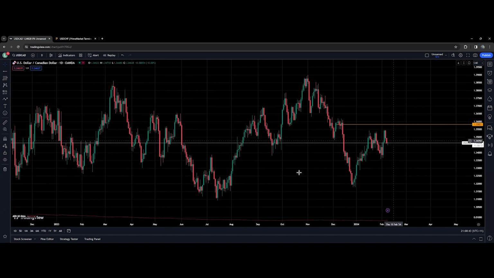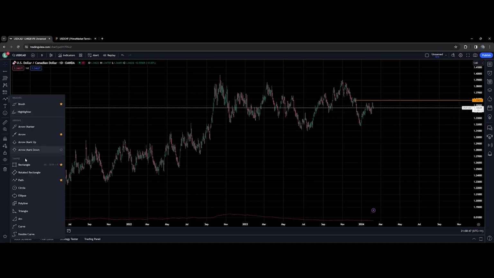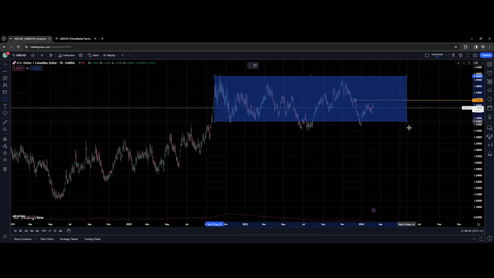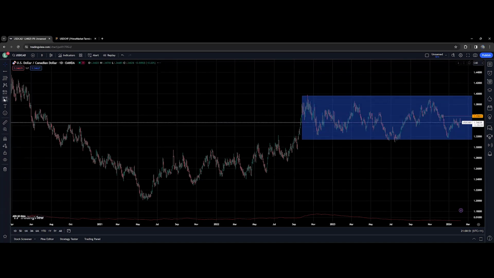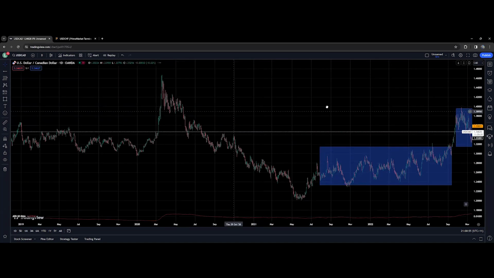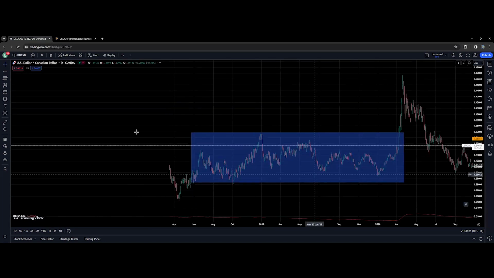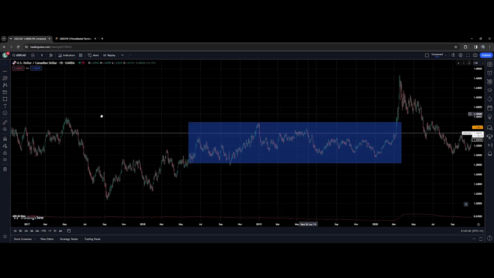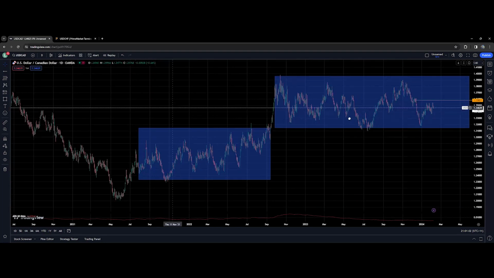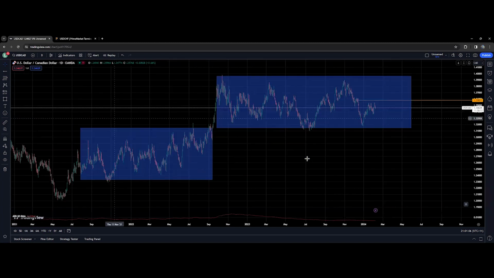It's slowly going there. If you look at USD CAD, it's very, very much of the time ranging. Does anyone know why? Why do you think it's most of the time like that, ranging? Three out of four times it's ranging.